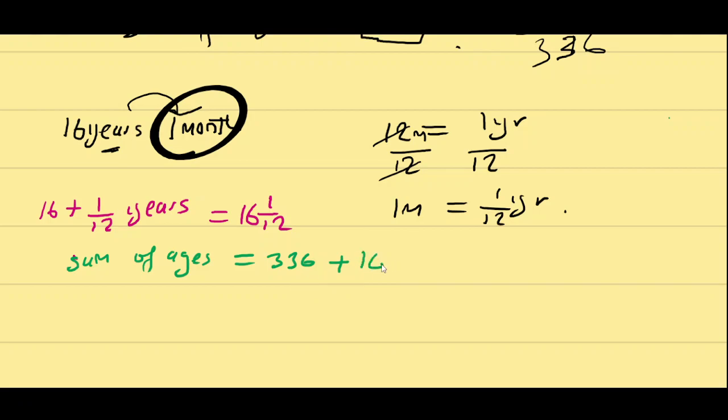So this is plus 16 plus 1 over 12. This is the sum of the ages. We will not bother simplifying it, and their number now will be 24 plus 1. We count the boy as 1, we cannot count the boy as 2 since he's only 1 boy. So the number is now 24 plus 1.